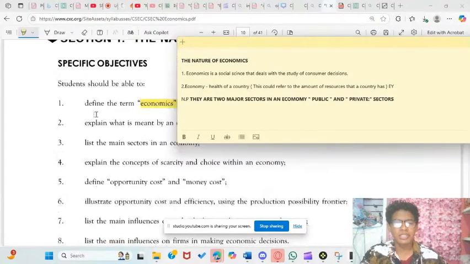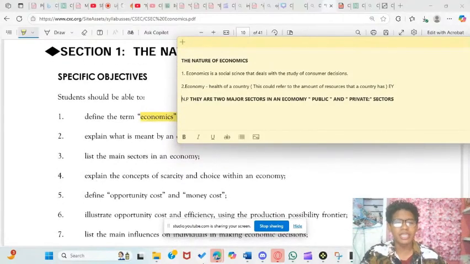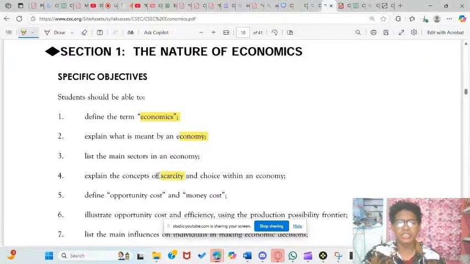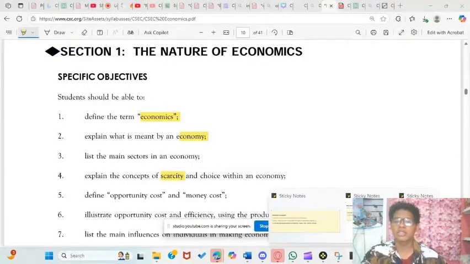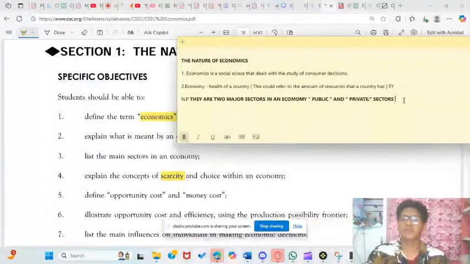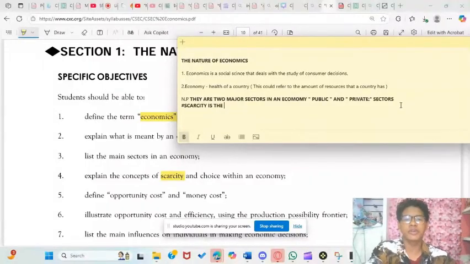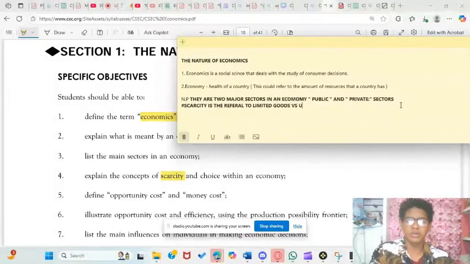Explain the concept of scarcity and choice within the economy. Scarcity refers to limited resources compared to unlimited wants. Let me just put that up there as a bullet point. Scarcity refers to limited goods versus unlimited wants.